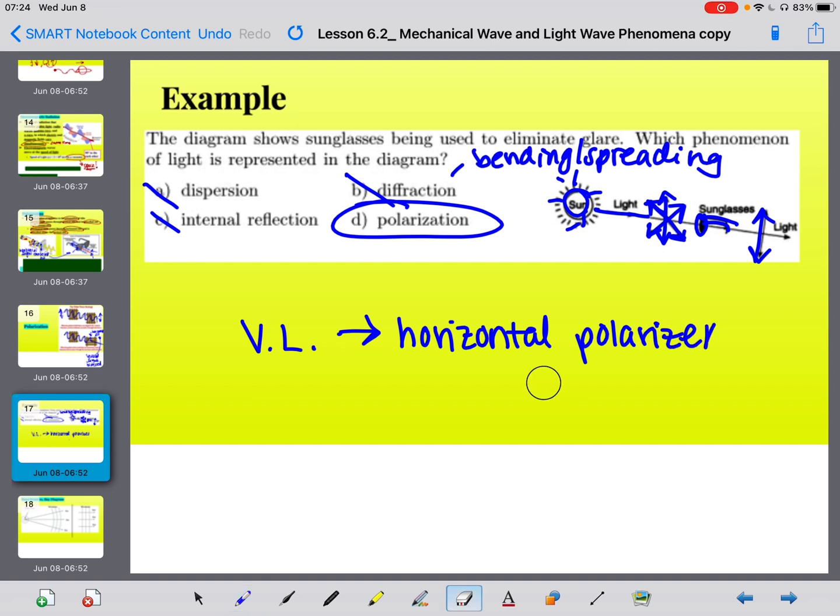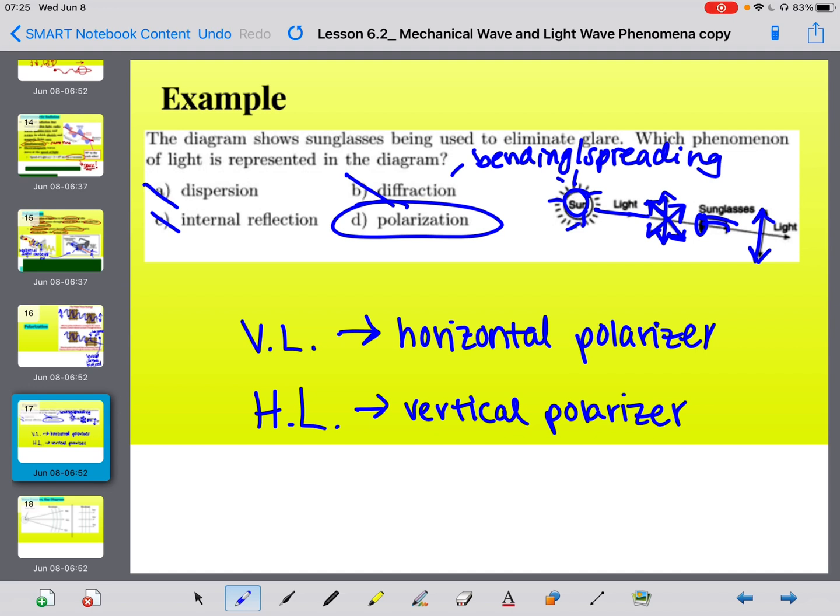Likewise, if you have horizontal light, that means that you were getting blocked out because of a vertical polarizer. Okay, so whatever form of light is not getting through, it's because the opposite orientation slit is being used. Okay, and it's only allowing that specific orientation of light to get through. So if it's the opposite orientation, it is certainly not going to be able to come through. Okay.